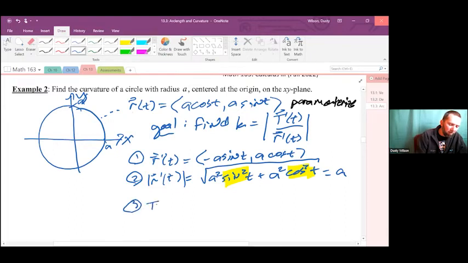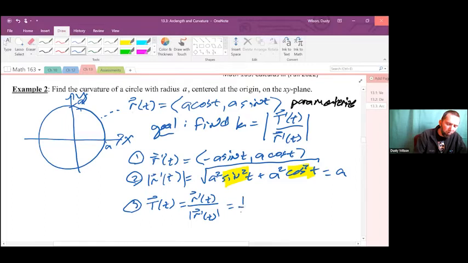So T of t will be r prime of t divided by the magnitude of r prime of t, which will be negative a sine t, comma a cosine t, all over a.